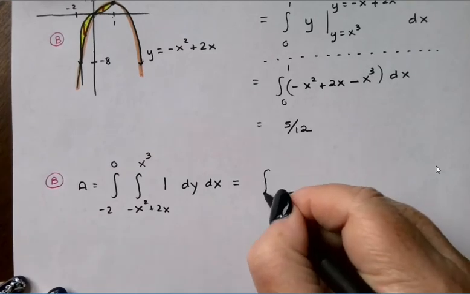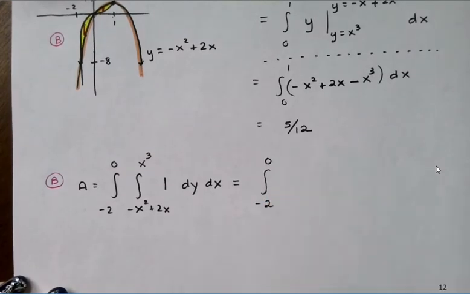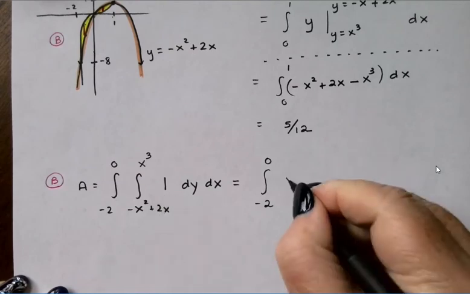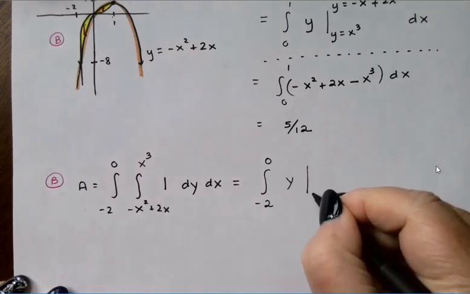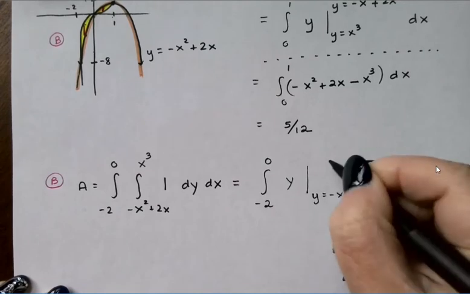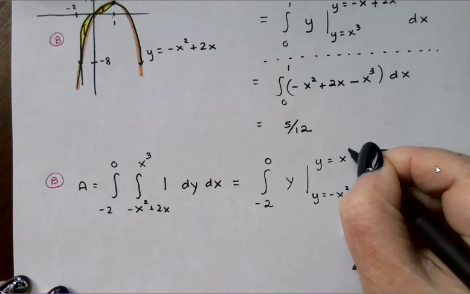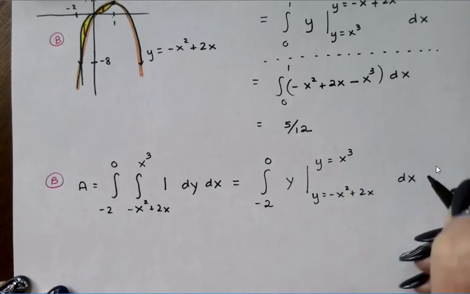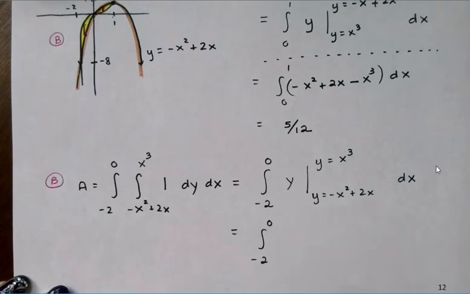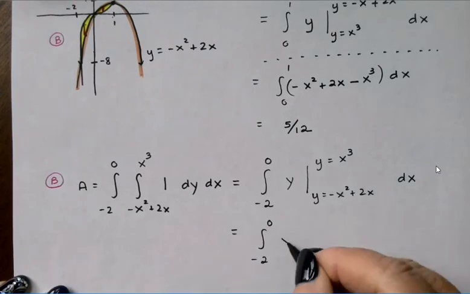So, integrating that, once again, I'm just integrating the function 1 dy, which is going to give me y, from y equals -x squared plus 2x to y equals x cubed. Plugging in the top one, I've got x cubed.